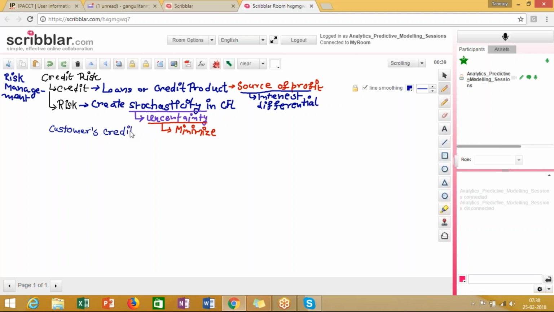The customer's credit cycle. The first thing that happens in a customer's credit cycle is that there is a customer who comes in asking for a loan.